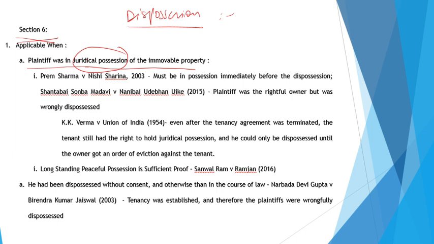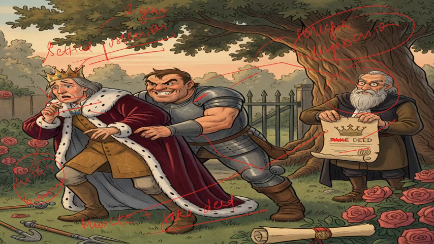Firstly, as I told you, the prerequisite is that the person must be in possession immediately before the dispossession. To file a suit under Section 6 of SRA, there is a requirement that the person who is claiming must be in immediate possession immediately before the dispossession. Here in this case, King was in possession of that property before dispossession happened.